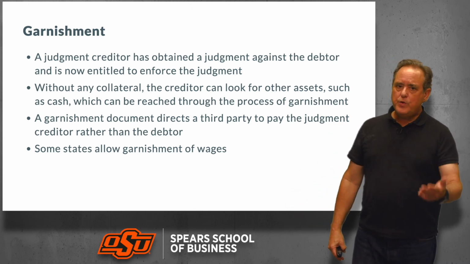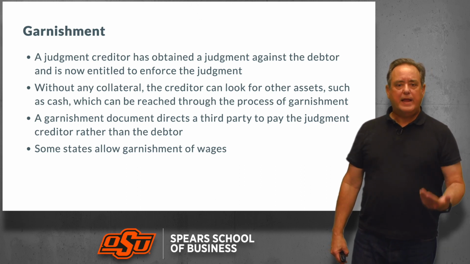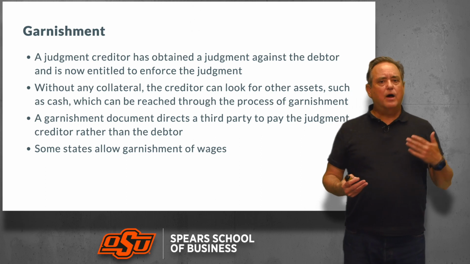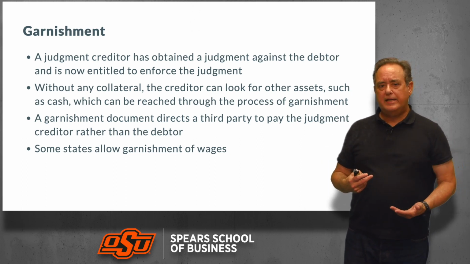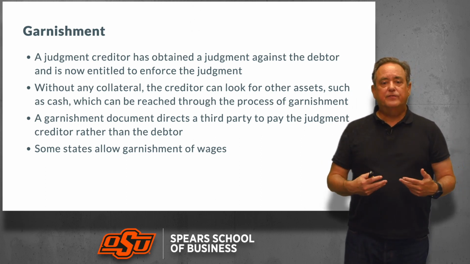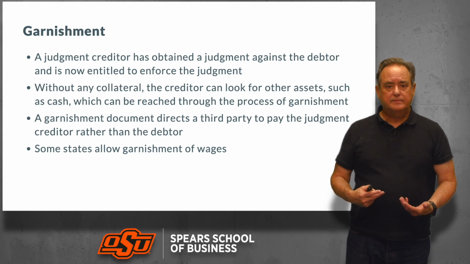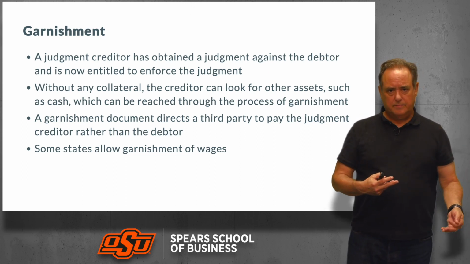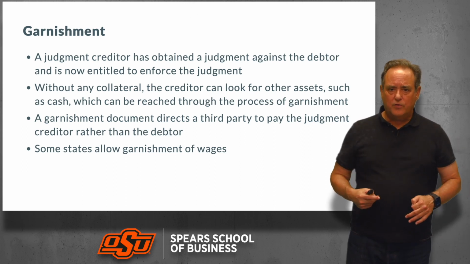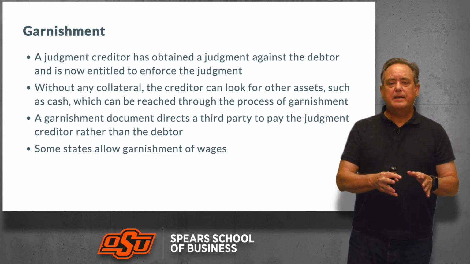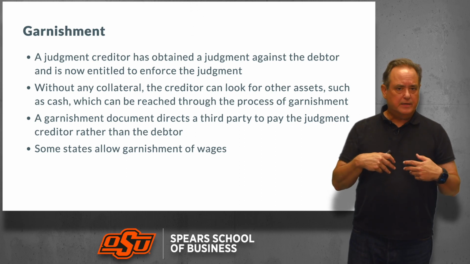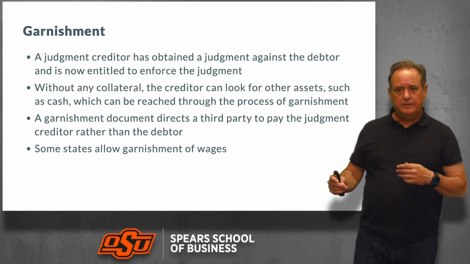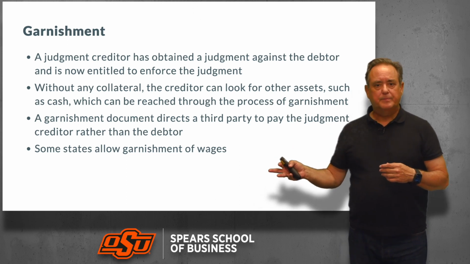Now, generally you hear about garnishment of wages. Most states allow garnishment of wages. That means that if someone owes you a debt, you can then go to that person's employer once you've obtained your order of garnishment and tell that employer, you must pay me and not pay the debtor, employee.